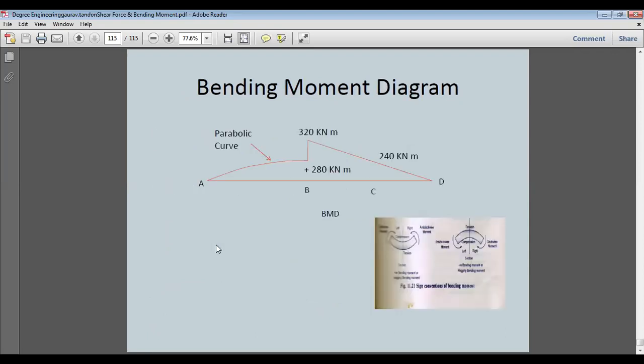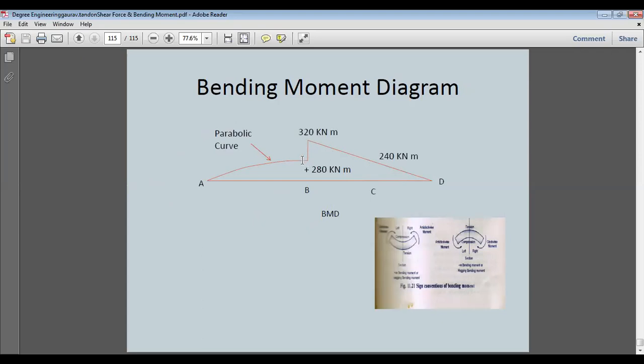Now let's draw. So again it is clear that the condition will be sagging, and when sagging is there, the bending moment is positive. So from here to here will come to 0. We'll start from 0 up till 320, 240, then we'll come to 240, then we'll come to 320, then we'll be having vertical downwards negative, and this is 40.